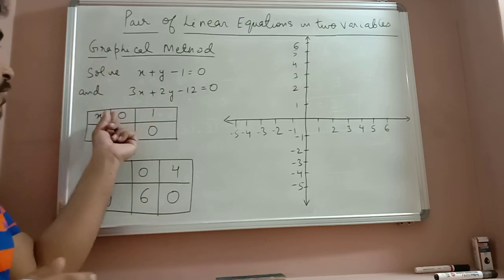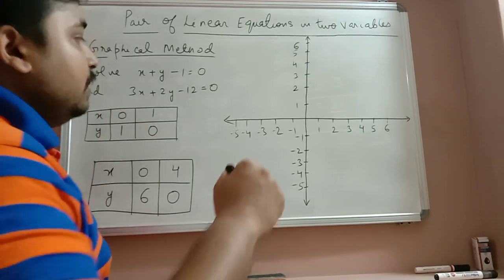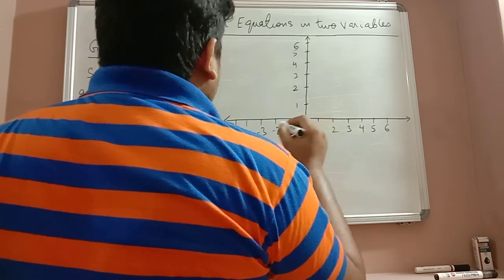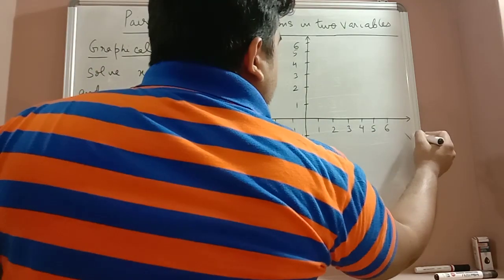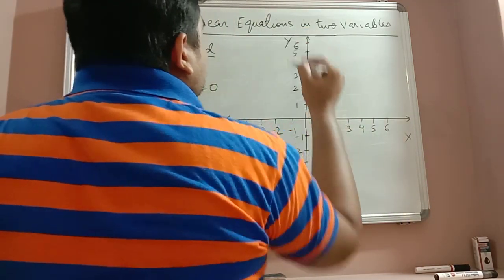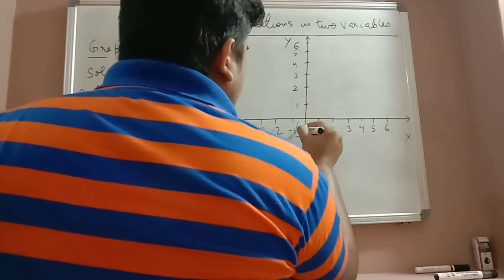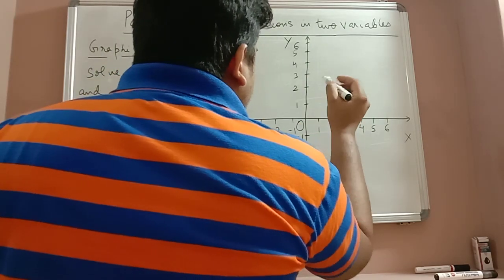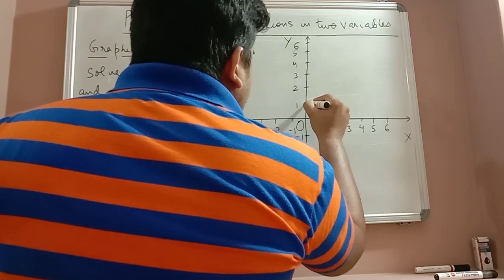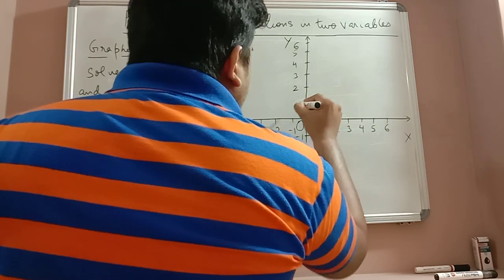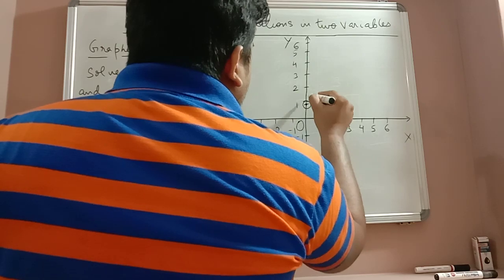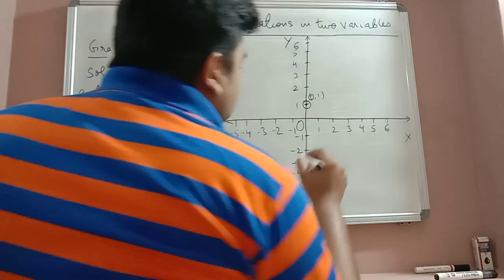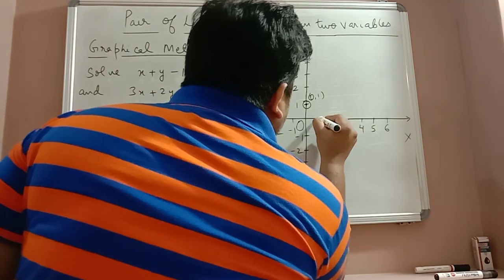Firstly I'll plot (0, 1) and (1, 0). We've already learned in class 9 how to plot a point on graph paper. So this is my x-axis, this is my y-axis, and this is the origin. So (0, 1) will lie here on the y-axis. Let me mark it (0, 1), and (1, 0) will lie on the x-axis, that is here.